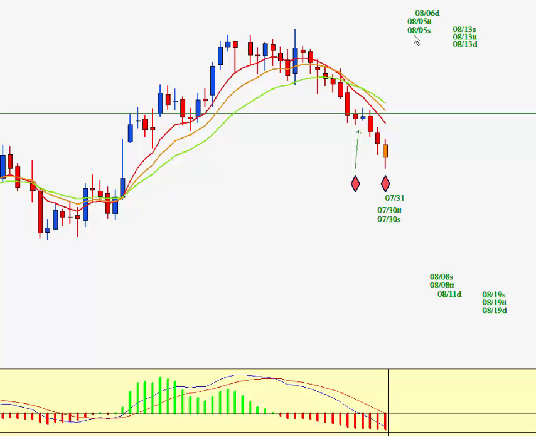So if, for example, 8-8 turned out to be another top, well, then we would look for 8-13 to be the following bottom and 8-19 to be the following top. Okay, so we can't know in advance whether that type of inversion will occur, but when it does occur, we just simply flip everything so we could be always expecting what would likely happen next.